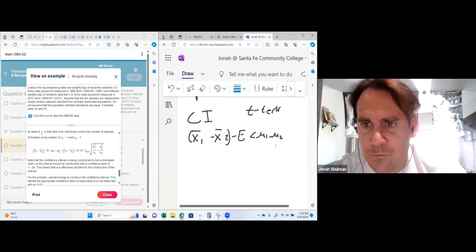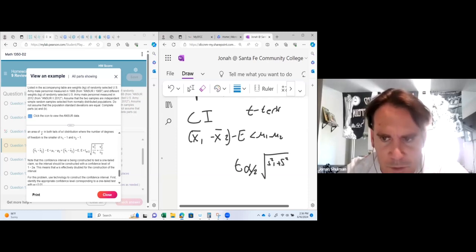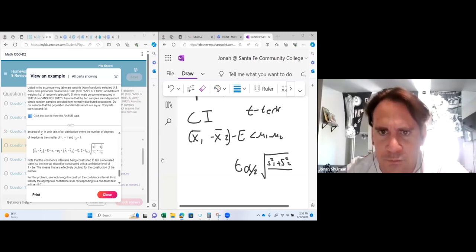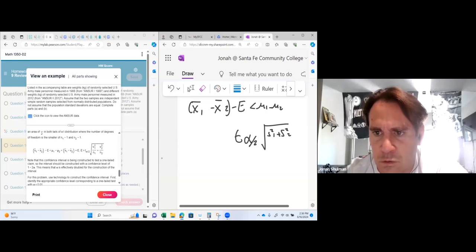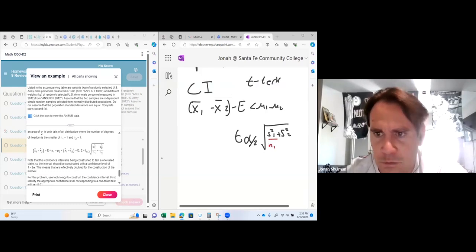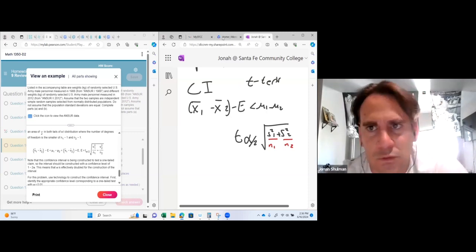And E itself is the t with alpha divided by 2, times the square root of S squared 1 over n1 plus S squared 2 over n2.